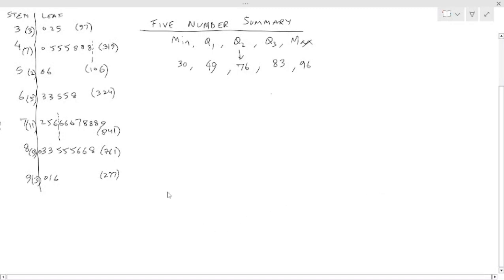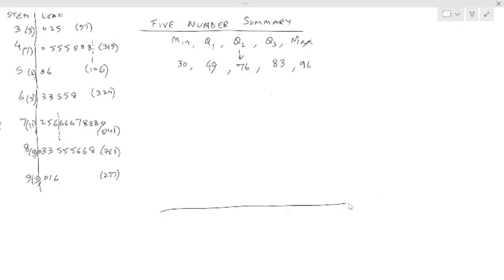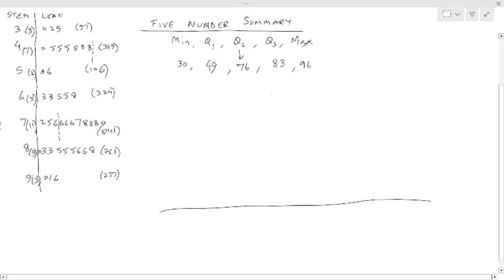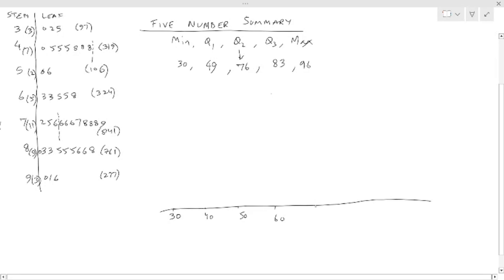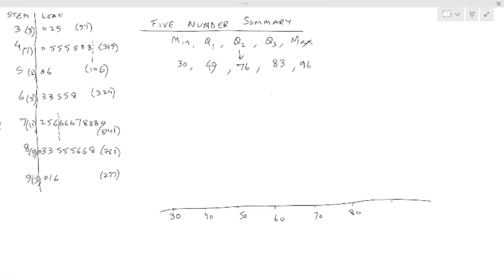Now what we do, we draw a horizontal axis on which we start scaling the data. Let's start with 30. We have 40, then 50, then 60, then 70, 80, 90 and 100.